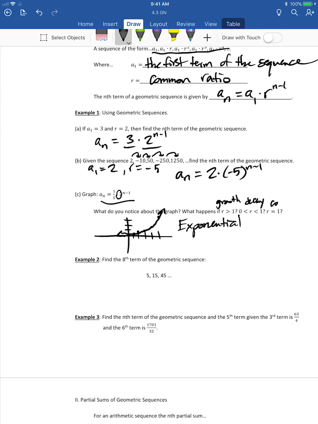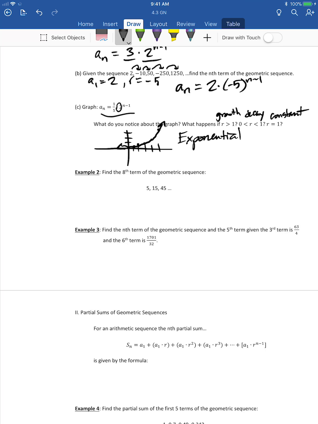So that's going to be constant. So we can have growth, decay, or we'll have a constant graph. So this is exponential. Geometric sequences represent exponential functions. Arithmetic sequences represent linear functions. That's an incredibly important distinction, and one that should help you keep track of which is which.